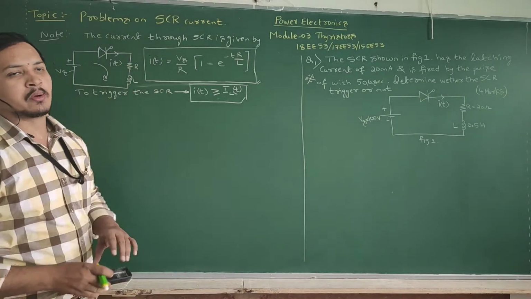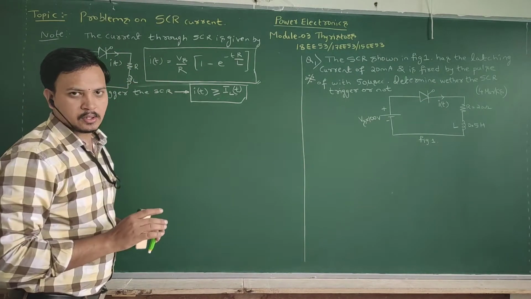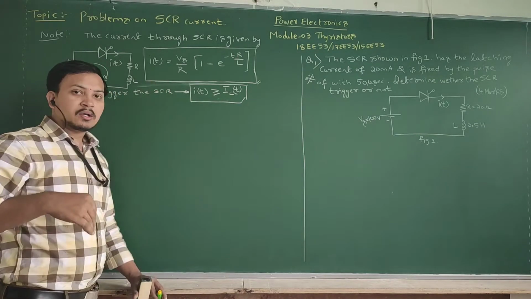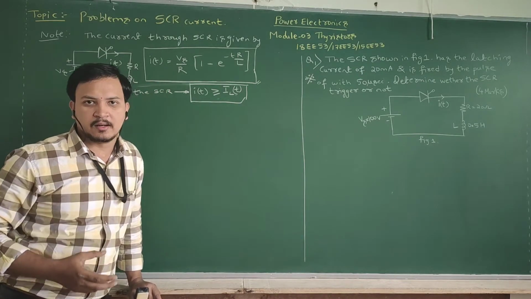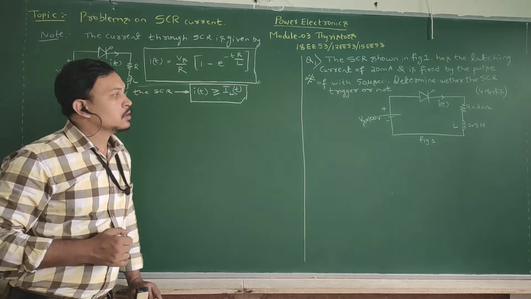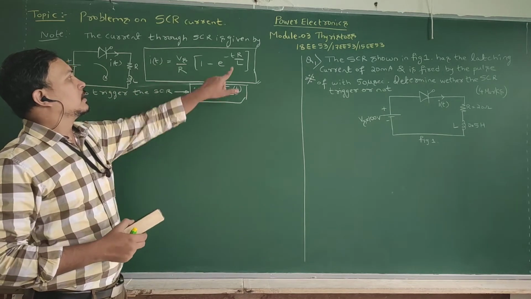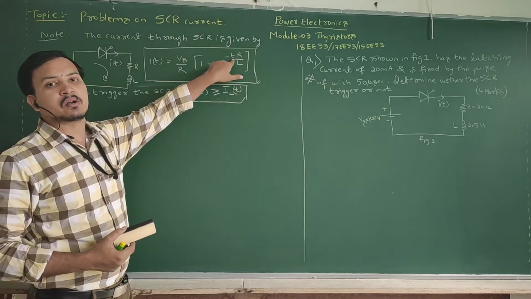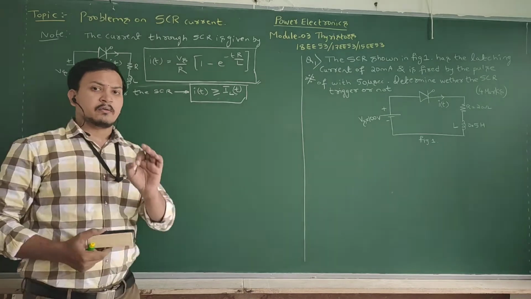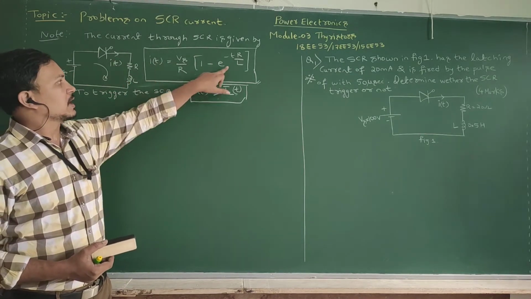So type 2 problem is, they will give I of t value, the current, in the problems, but they will ask what time the SCR will trigger. That thing they are going to ask. So from this current equation, I am going to write the equation for time. Why means, in some problems, I of t and R values they will give, and they will ask what is t.